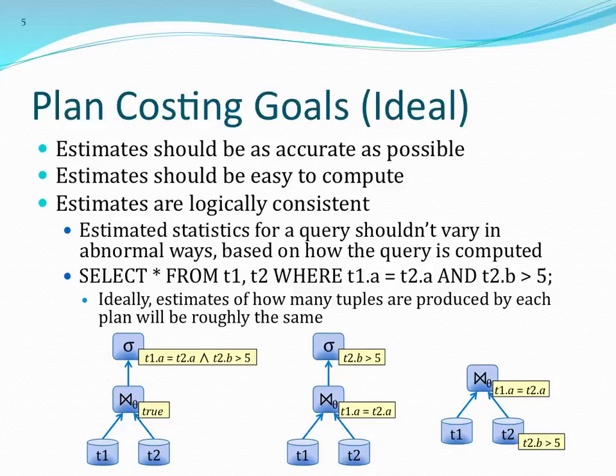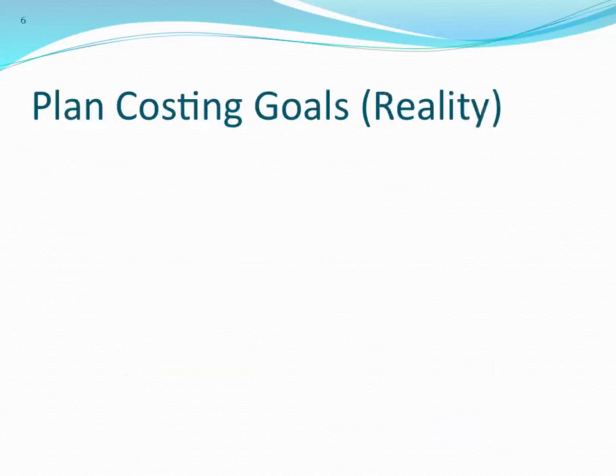For example, our leftmost plan with a cross join, basically, between T1 and T2, that's going to generate all the rows. And hopefully our selection will limit it down and we could use our estimates to figure that stuff out. But you can see how there's certain things that will vary, but there's certain things you would like to be the same with these different plans. We'll see if they actually turn out that way.